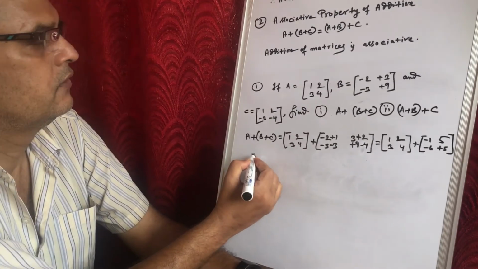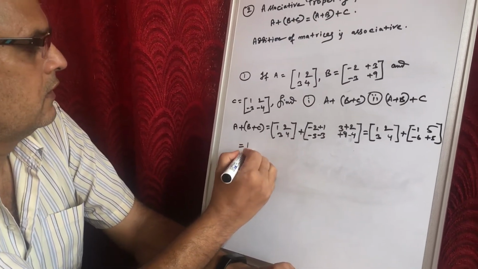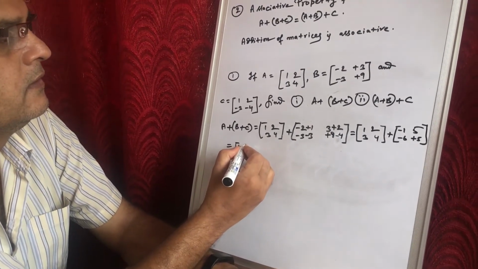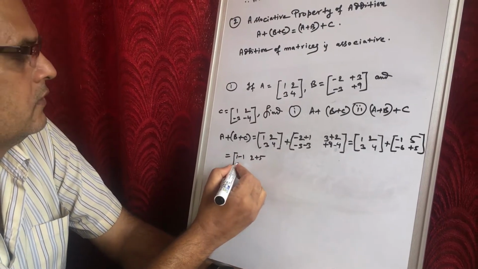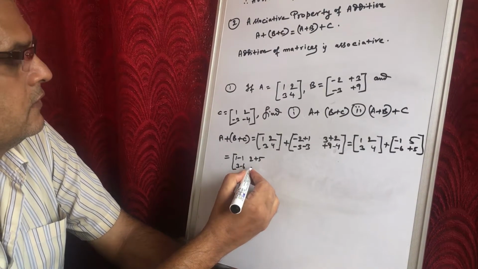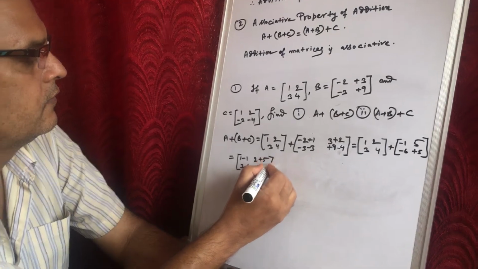So adding together, 1 minus 1, 2 plus 5, 3 minus 6, 4 plus 5.